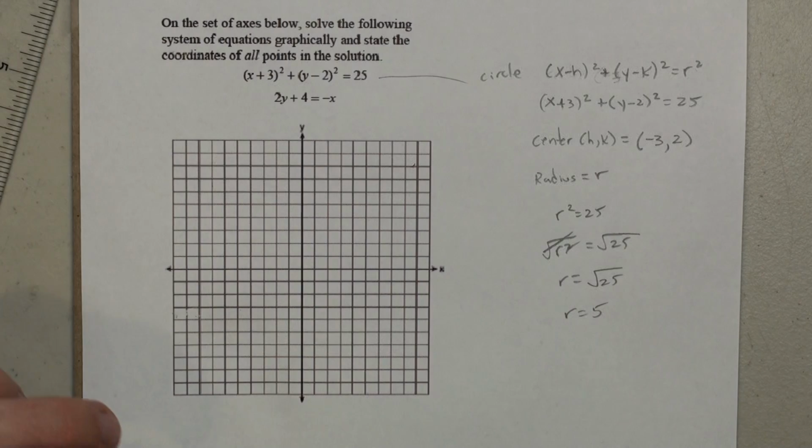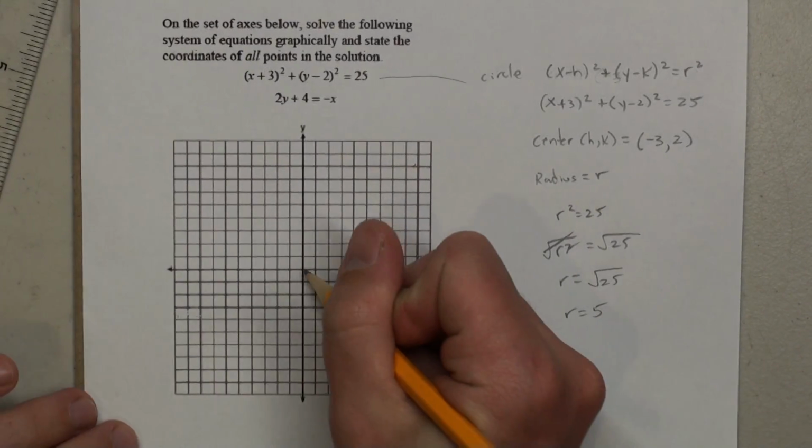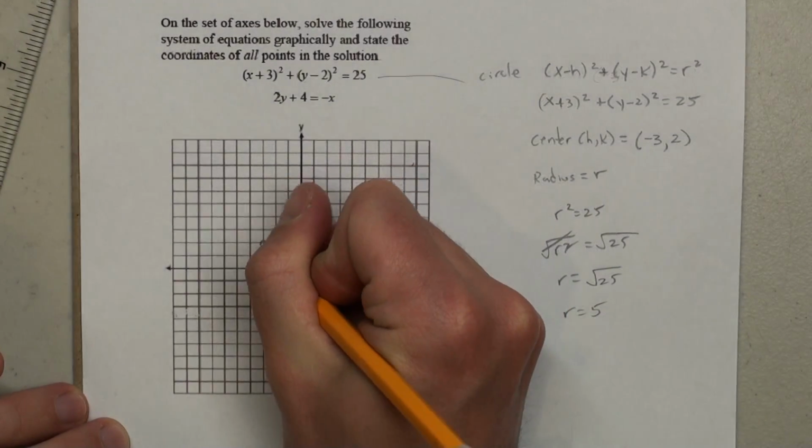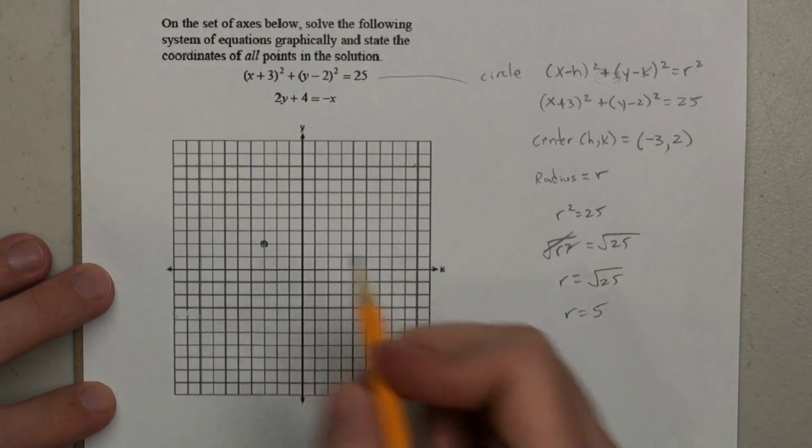So what I have here, let me just get out my compass. Okay. I have a circle with the center at -3, 2, right here, and the radius is 5.